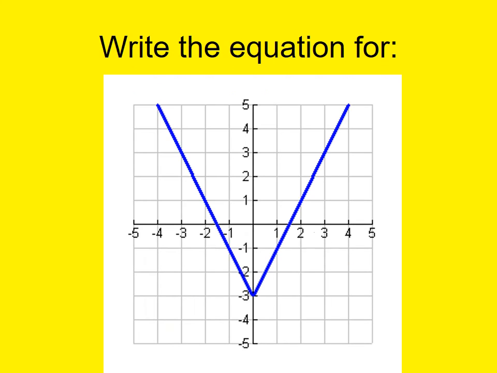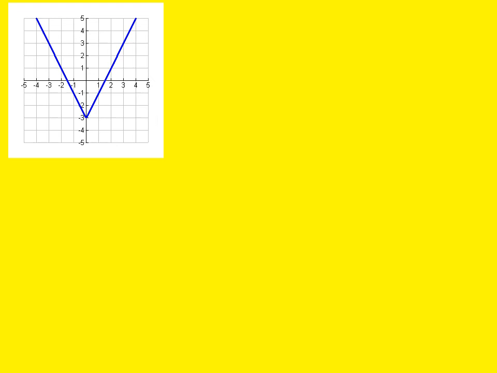Moving on, we're going to figure out how to take a graph and write the equation for the graph and put it in our vertex form. So looking at this particular graph, we want to figure out where our vertex is, which is right there.